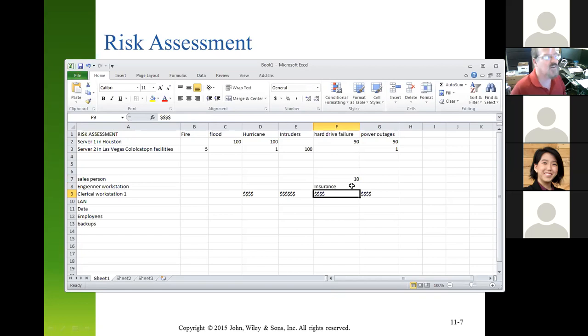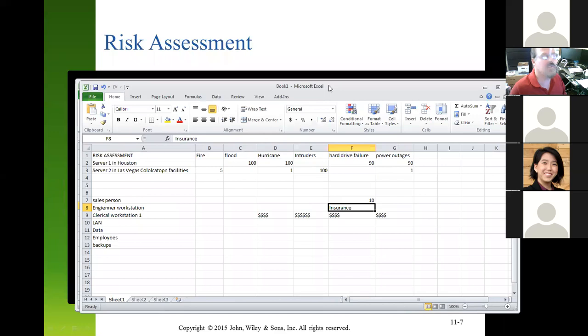Because workstations, in terms of total cost of ownership, are a few hundred dollars versus a server going down or being lost. That can be a catastrophic loss of thousands or hundreds of thousands of dollars if it has a lot of data on it.